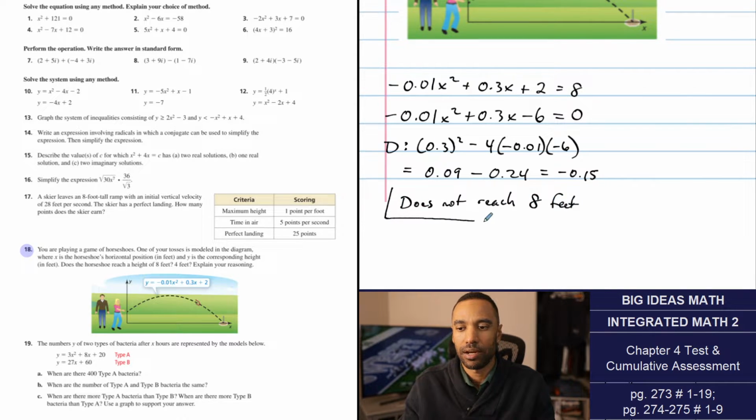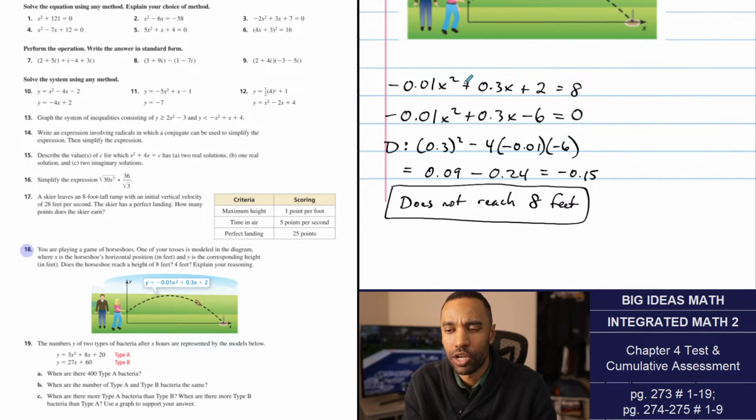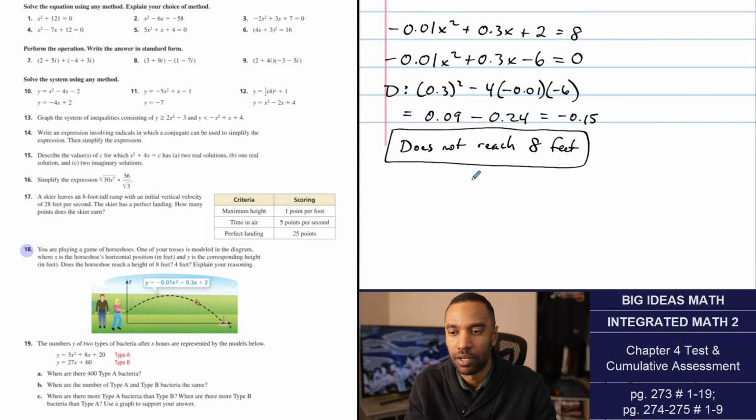What I'm doing here, and you have different ways of solving this, if you wanted to go the vertex route using negative b over 2a and plugged it in to find your vertex, that's totally fine. I'm going the discriminant route. Maybe I can use the vertex route after.